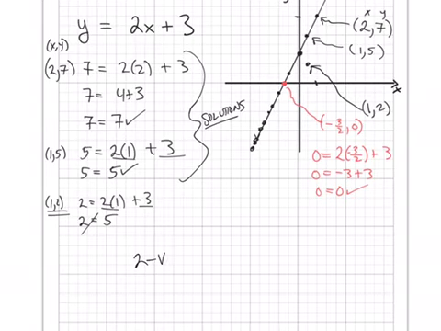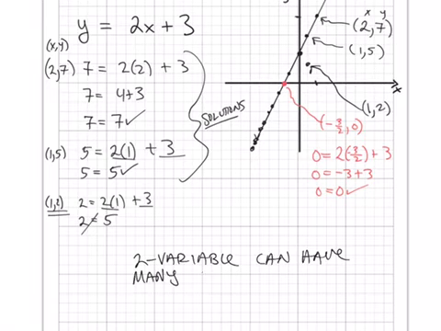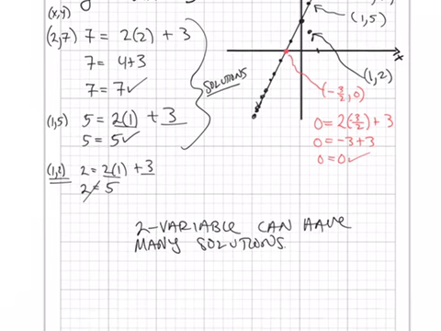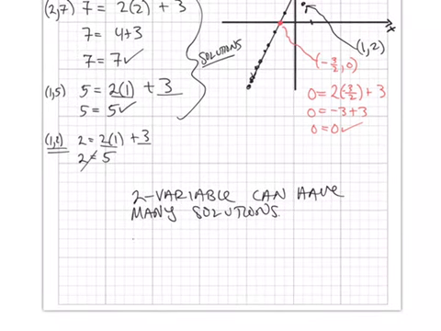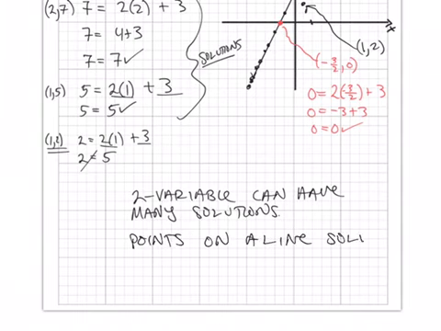So two variable equations can have many solutions. And points on a line solve that line's equation.